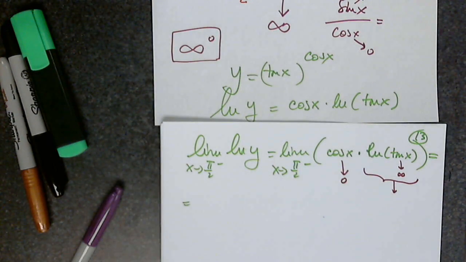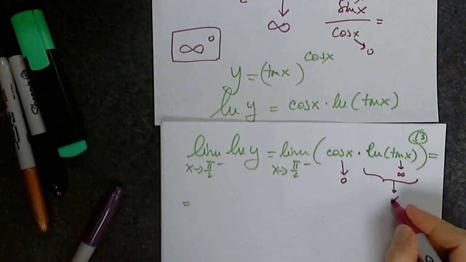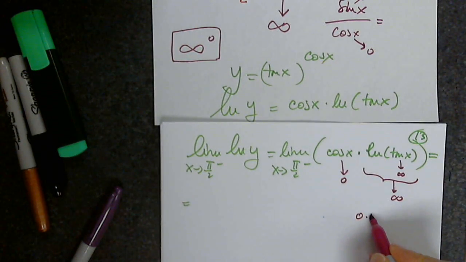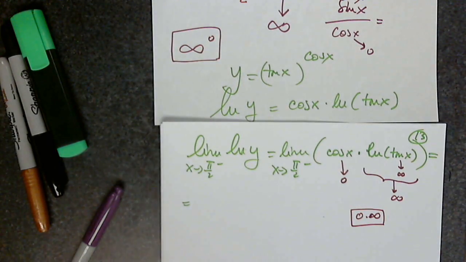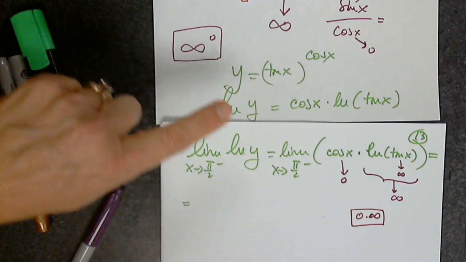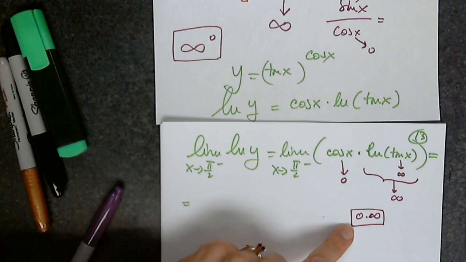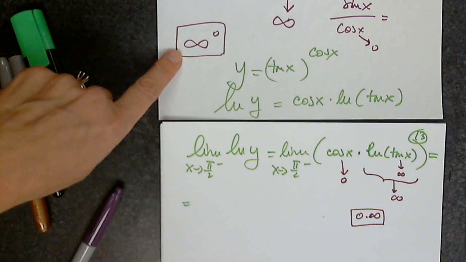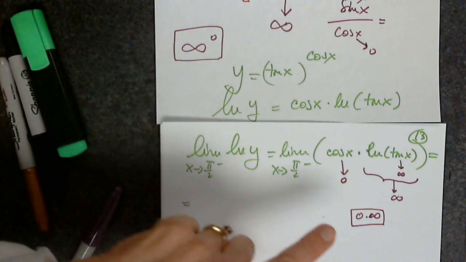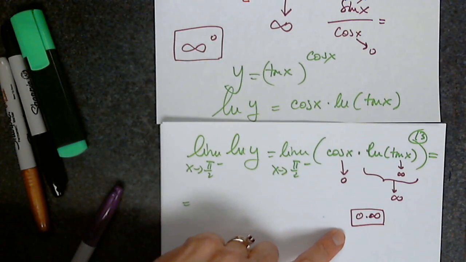Remember the graph of natural log. As x approaches infinity, natural log goes to infinity. So now I changed that very difficult situation that I started with into a much more relaxed product, from a power indeterminate situation into a product.